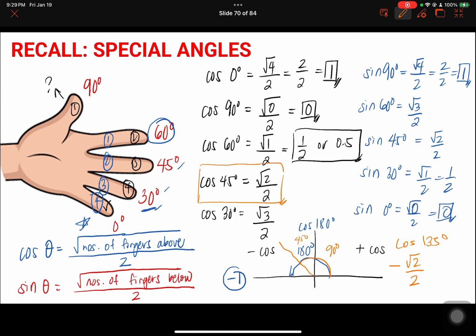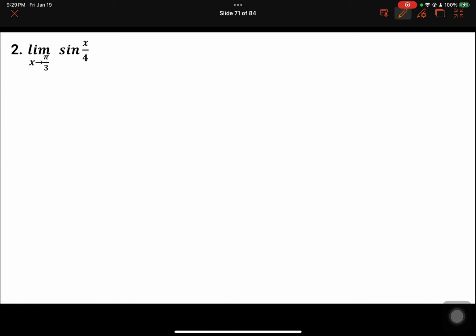So, now, let's have another example. Example number 2. If we have limit of sine x over 4 as x approaches pi over 3, so if we substitute this, we can have sine of pi over 3 over 4, or we can have sine pi over 3 times 1/4, or equivalent sa sine pi over 12.